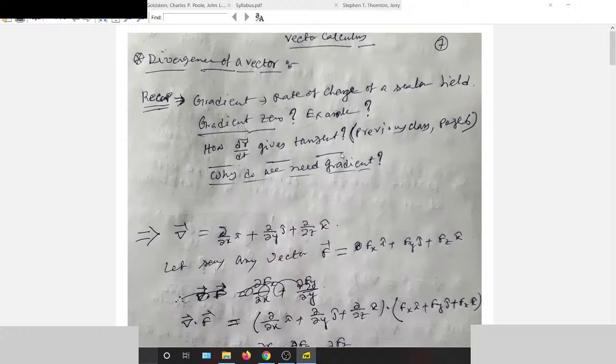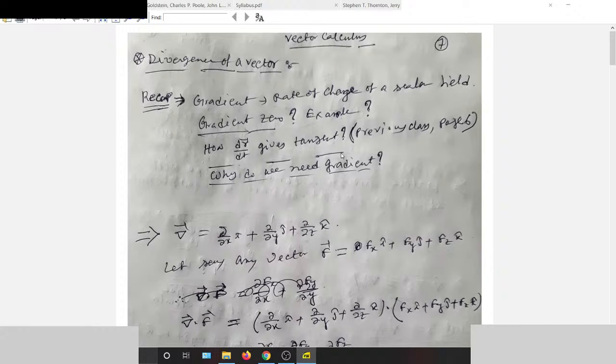Suppose an electric potential is given, not a function of any coordinate, simply 60 volt or like that. In that case, I think the gradient will be 0 because everything is constant and the partial derivatives will be 0.